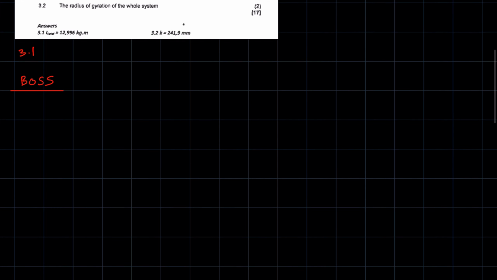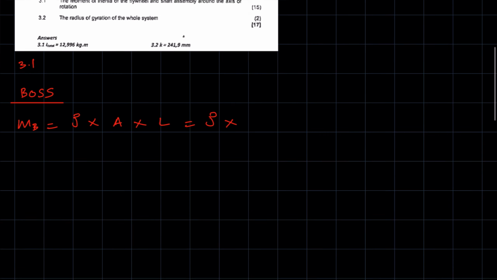First, we're going to calculate the mass of the boss. Now we've been given the density of the material, hence to calculate the mass, it will be the density of the material, rho, times the area times the length. Now rho remains rho.